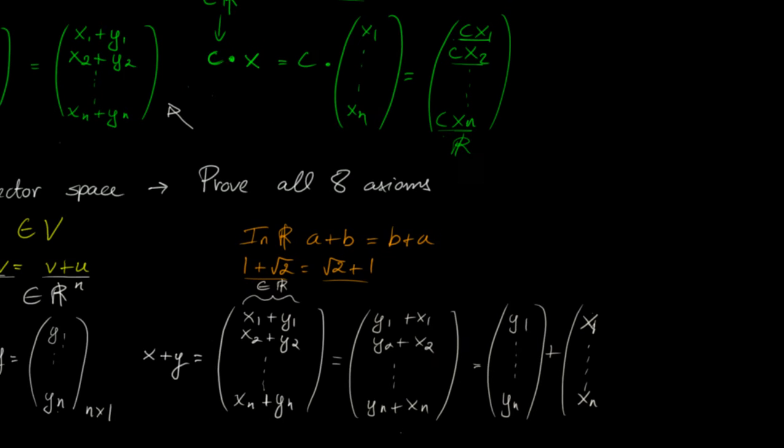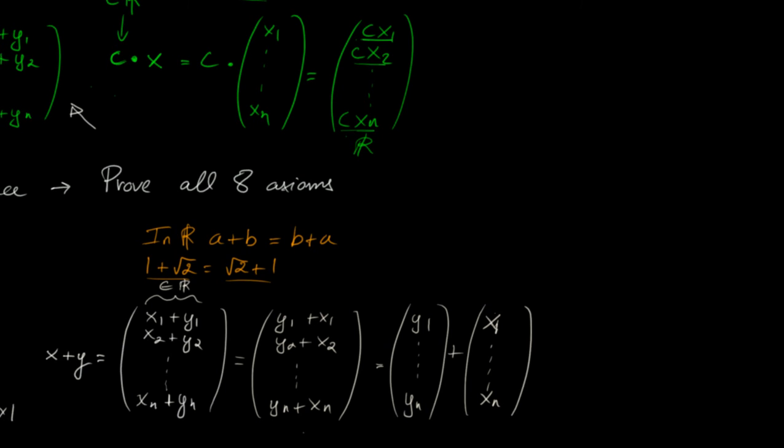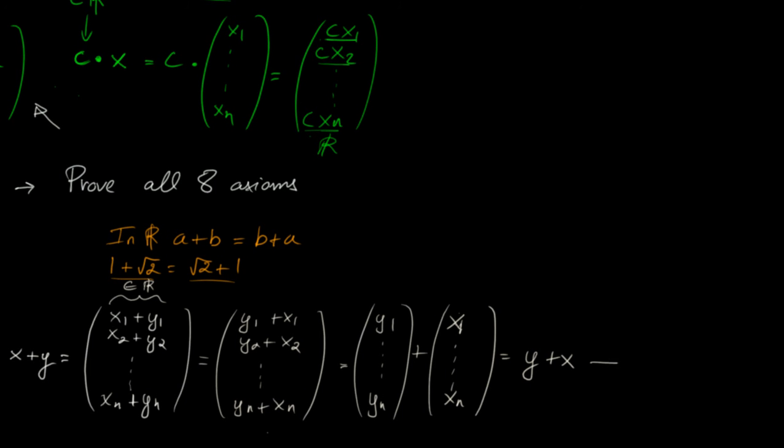And this is in fact what I wanted, which is y plus x. So we end up with x plus y equals y plus x, and this proves axiom 1. So axiom 1 is proved. That's how we would prove axiom 1.